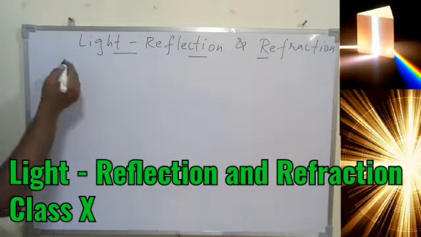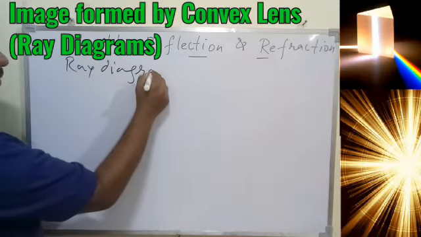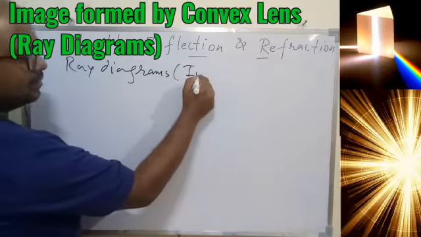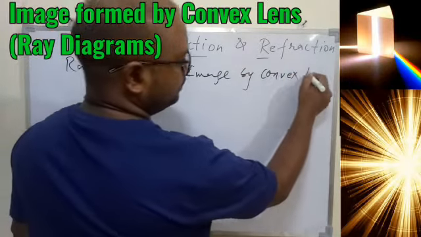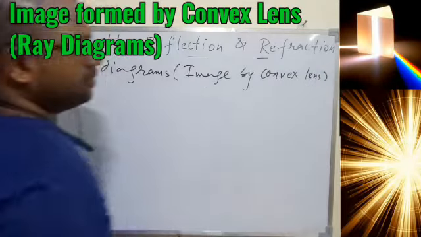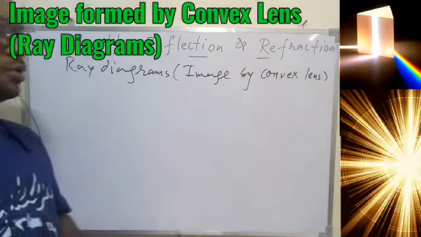So we are doing the ray diagrams, that is image by lens, that is convex lens we are doing. And in the previous class we understood two different conditions or situations.